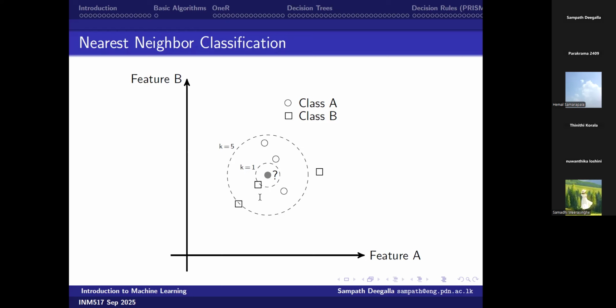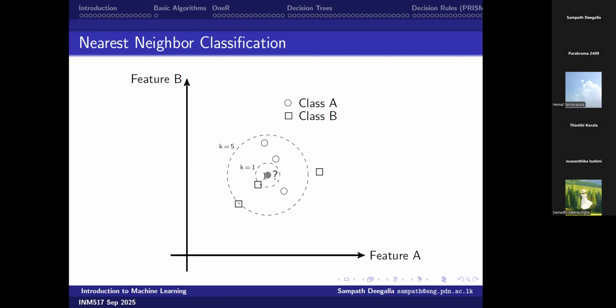It depends on how close it is to the instances. If you're using simple nearest neighbor, we say k is 1. If you look at the nearest instance, this gray dot is close to the class B instance, so the output will be class B. But let's say you focus on k is 5 nearest neighbors.